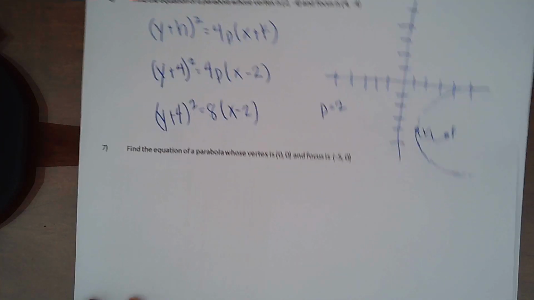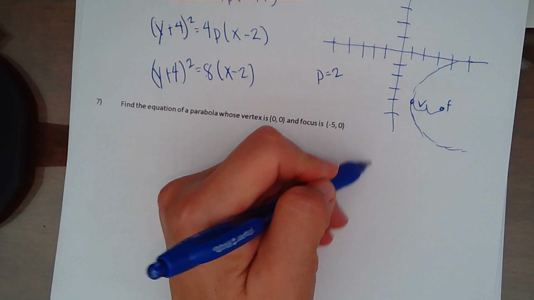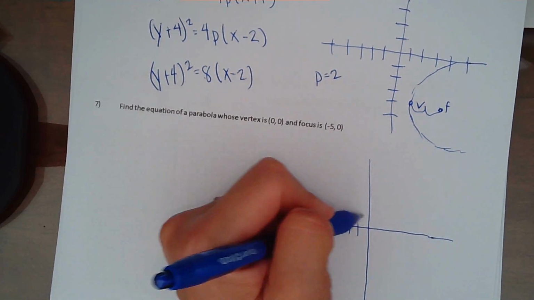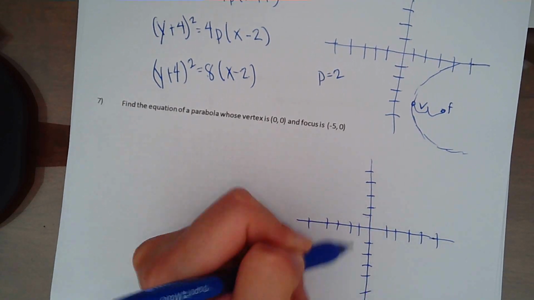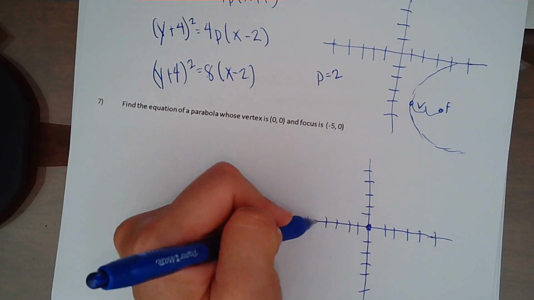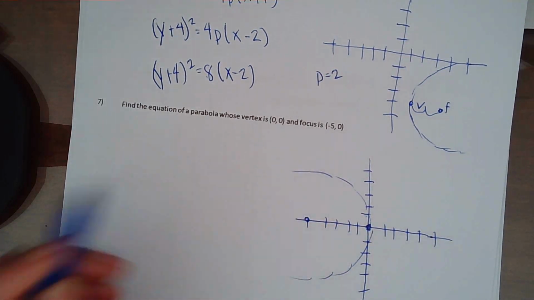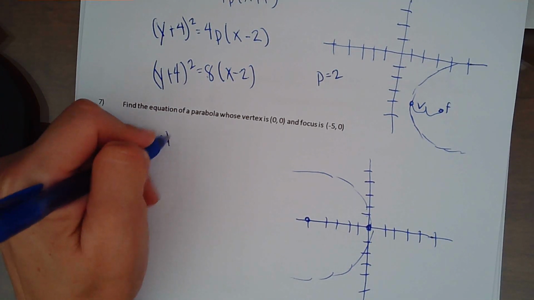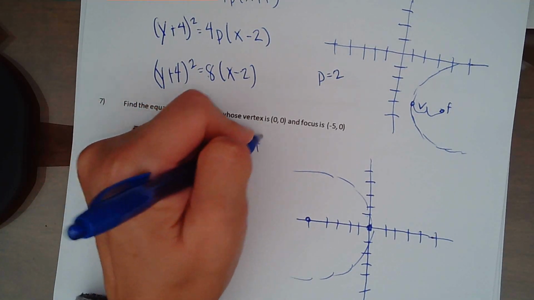All right, and our last one. Our vertex is 0, 0. There's our vertex, and our focus is -5, 0. So our parabola opens to the left, which means it would be y first, right? y plus h squared equals -4p x plus k.